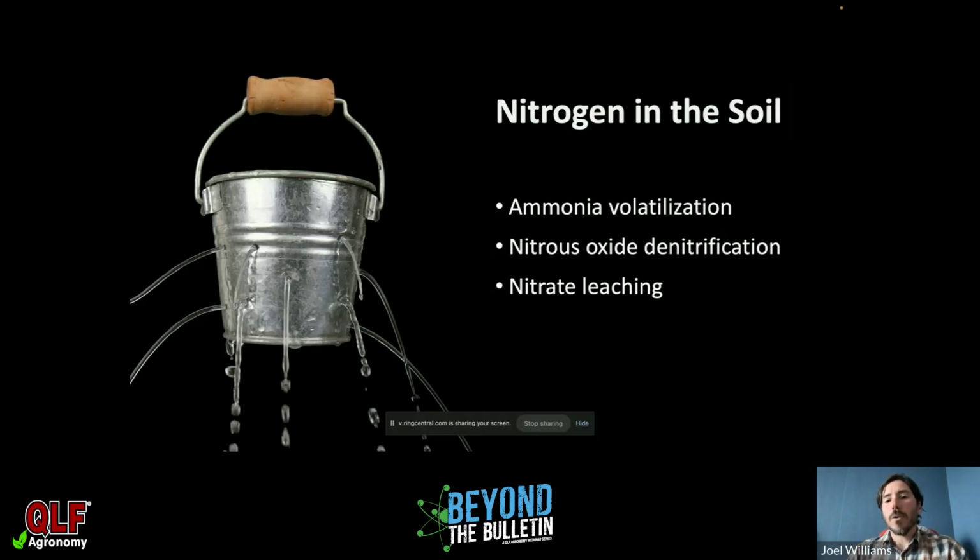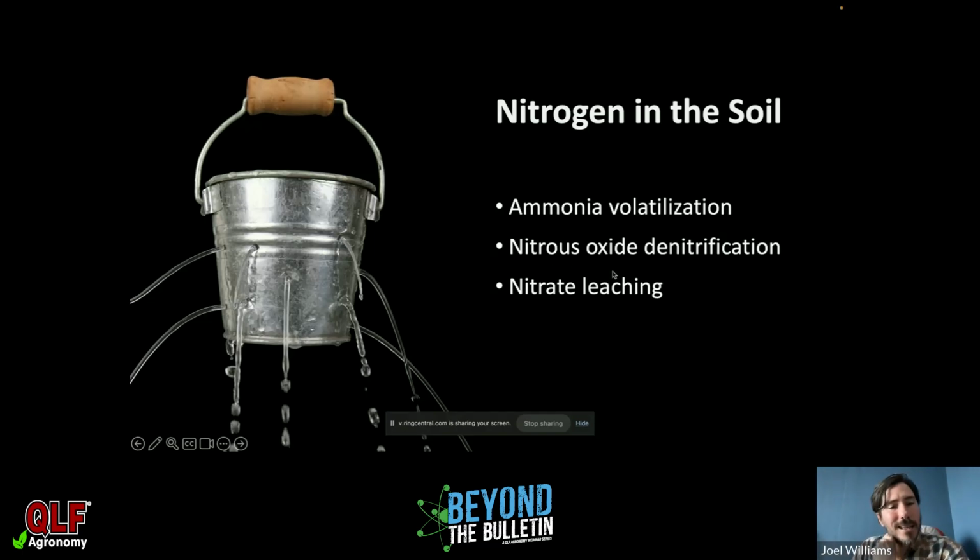So nitrogen in the soil. The problem with nitrogen applications to the soil is that nitrogen in the soil is very, very leaky. And again, it's particularly the inorganic forms that are most leaky. So we see off-gassing. Some of the ammonium can off-gas. Some of our urea applications can off-gas as ammonia, and that can volatilize up into the air.